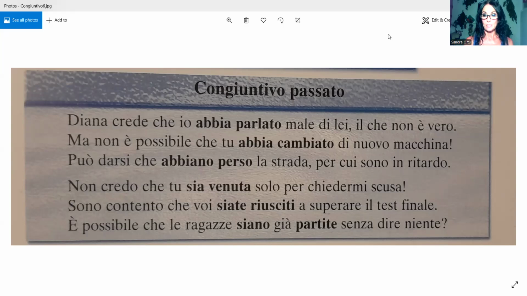As you must know already, with passato prossimo we need either essere or avere as auxiliary verbs in order to make up the tense. We need exactly the same for congiuntivo passato, and we're going to follow exactly the same rules.